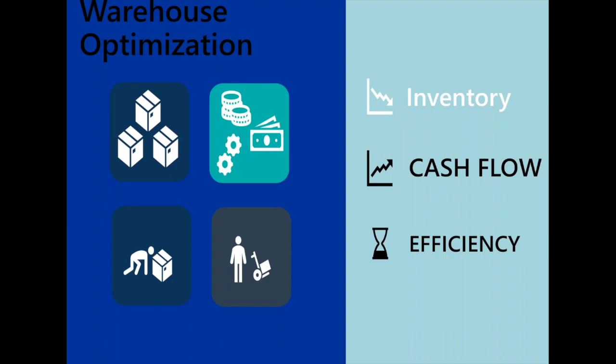We increased their cash flow by about $3 million on a day-to-day basis, and we increased efficiency from 35% to 100%. What that means is, if we see someone walking on the floor of a warehouse and they're not driving a forklift, or they're not carrying something in their hand, they're being inefficient.